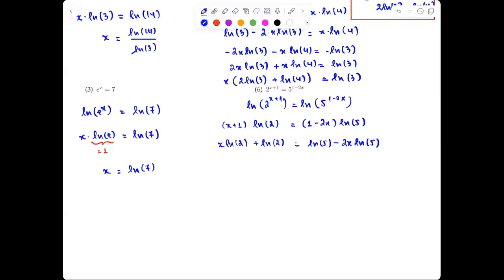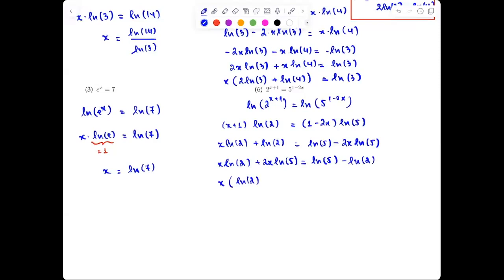The next step is to group anything related to x on one side of the equation and everything else on the other side. So I get x times ln of 2 plus 2x times ln of 5 equal to ln of 5 minus ln of 2. And on the left-hand side, I take x as the common factor.